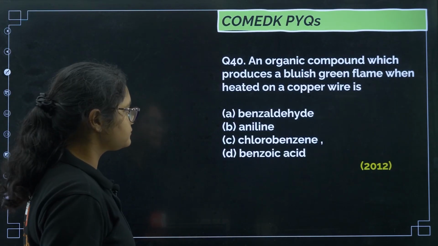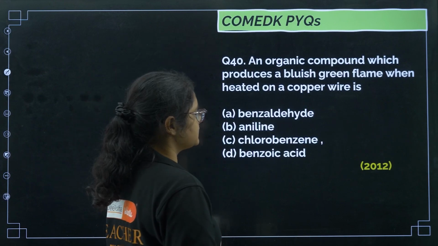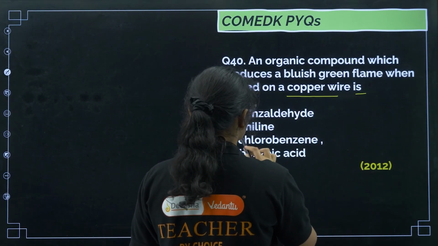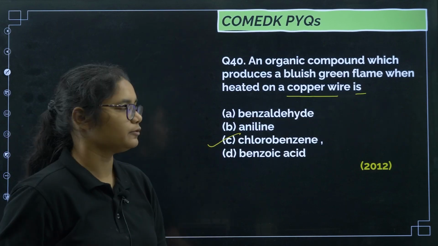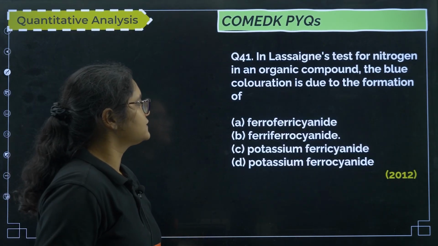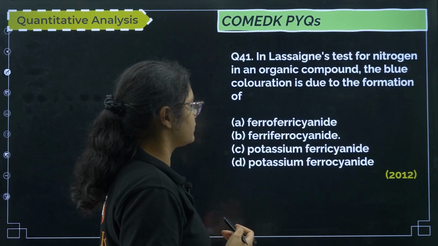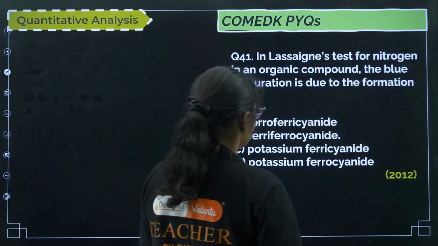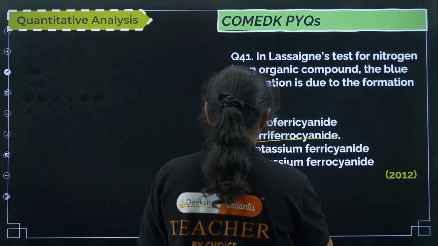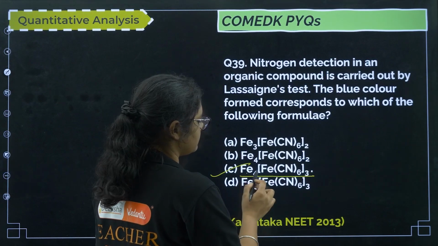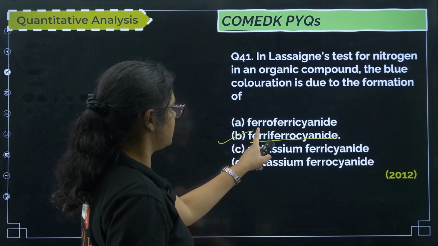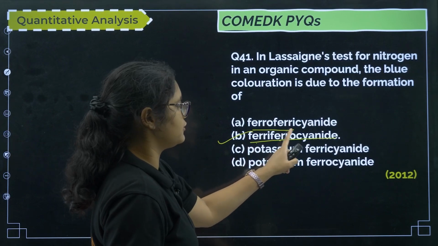Next, an organic compound which produces a bluish green flame when heated on copper wire is chlorobenzene. So chlorobenzene, you will get this color. Next, in Lassaigne test for nitrogen in an organic compound, the blue coloration is due to the formation of again ferriferrocyanide, or the formula you have remembered here, Fe4[Fe(CN)6]3. Okay, so this one you should be very clear with, the option ferriferrocyanide.